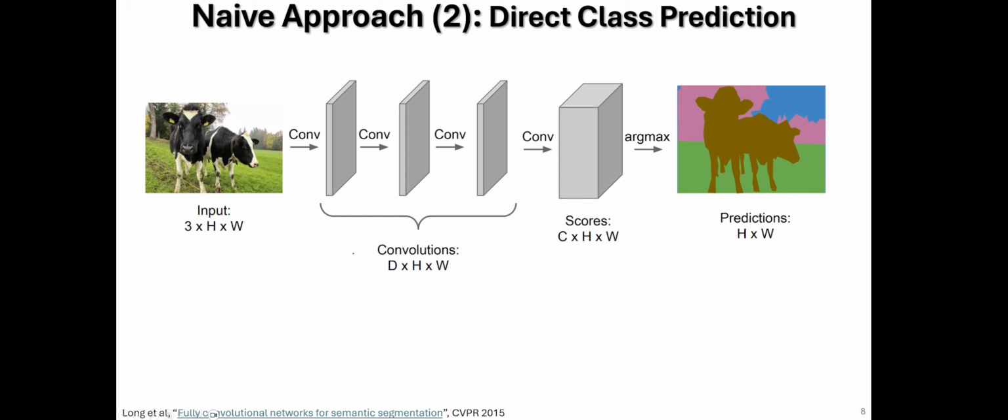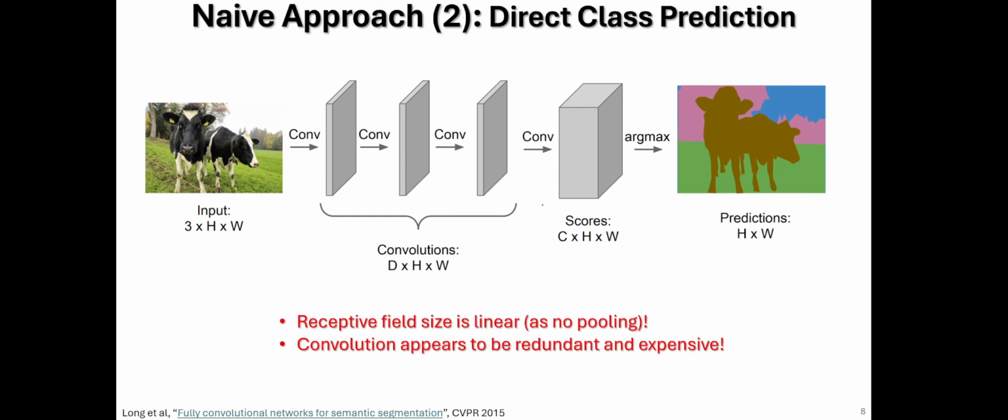But the problem here is you are not reducing the resolution, so the receptive field grows very linearly. If this is a 3 cross 3 kernel and there's another 3 cross 3 kernel, effectively they combine to give you a 5 cross 5 receptive field. So if you want to look at the full image, you need a deeper convolutional neural network, and that's not ideal.